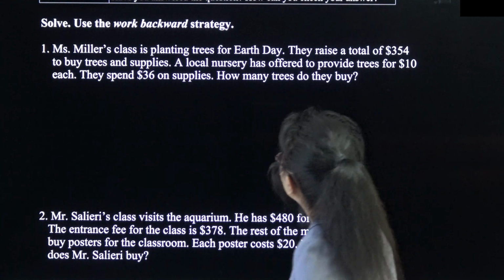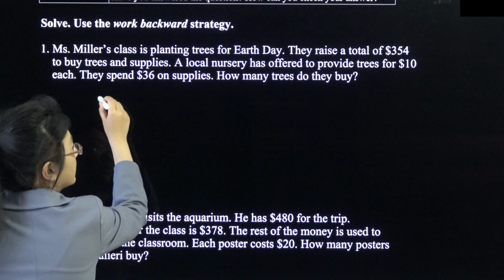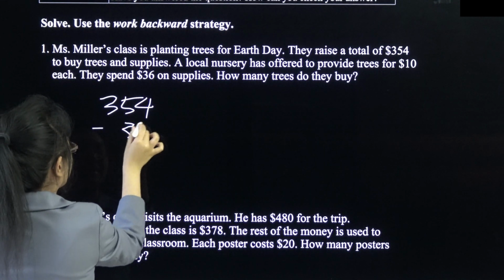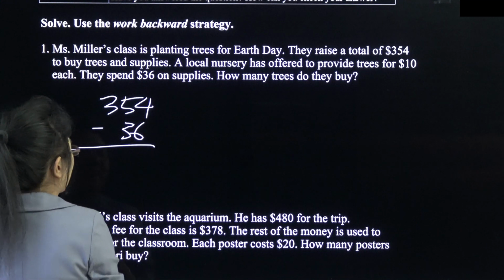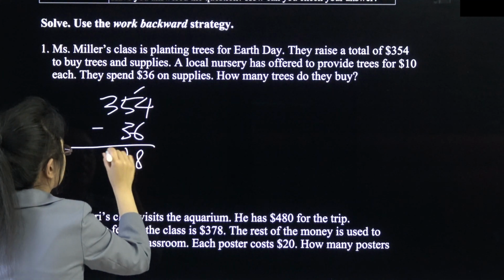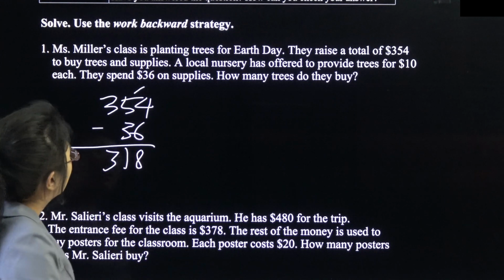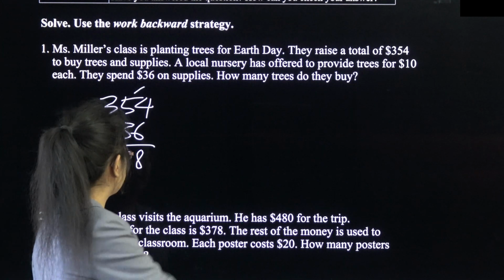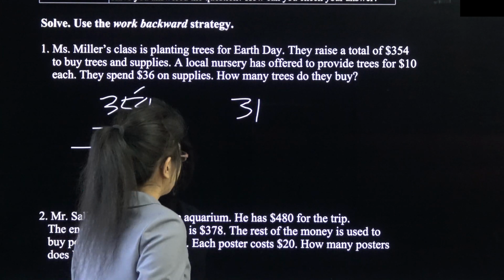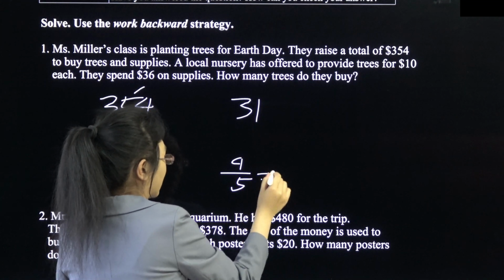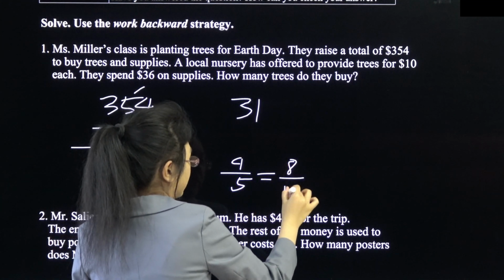So how do we work backwards? Well, we have the total number of dollars. We subtract the amount that they would spend on supplies, and we get $318. And then we divide that by 10 to find out how many trees they could buy, and it's 31 trees. Because you can't buy 4/5 or 8/10 of a tree.